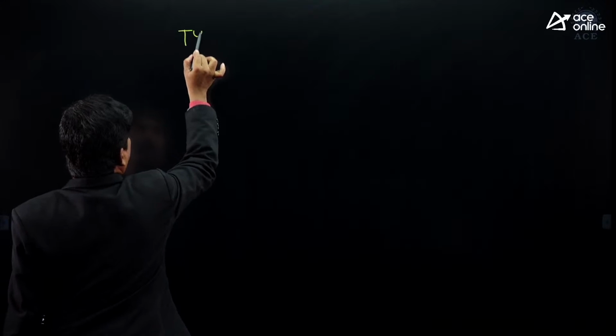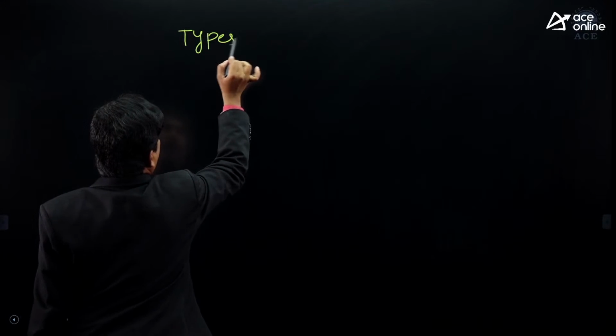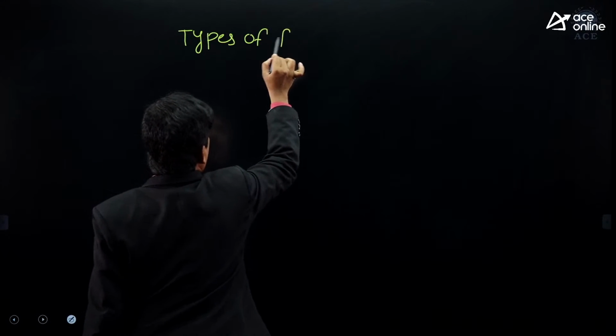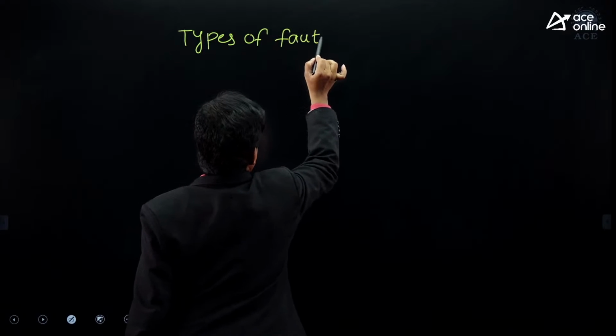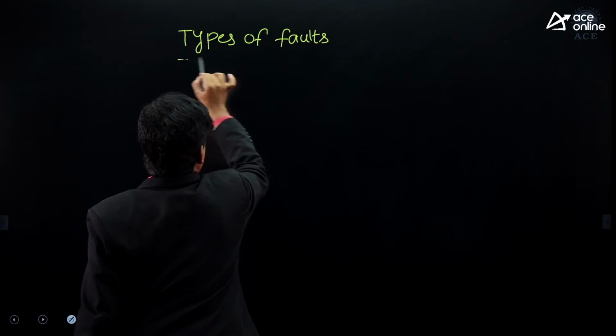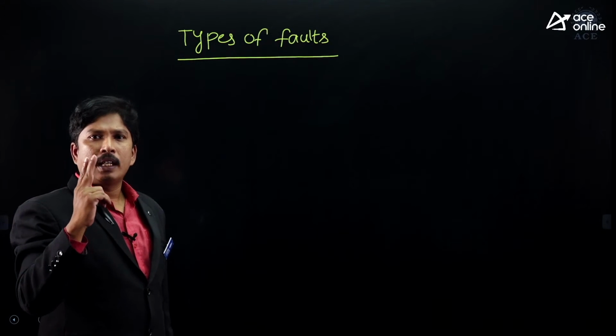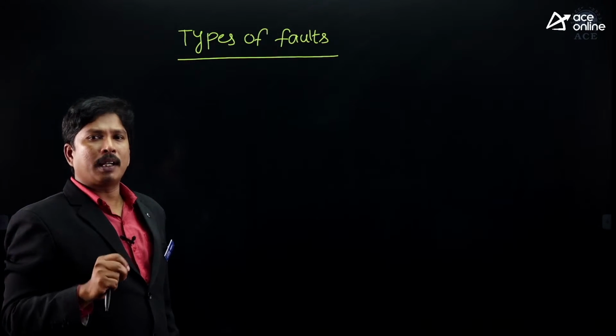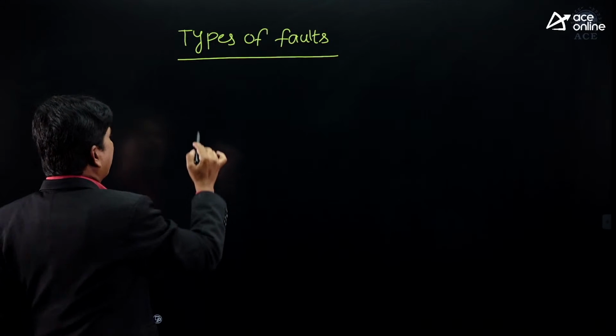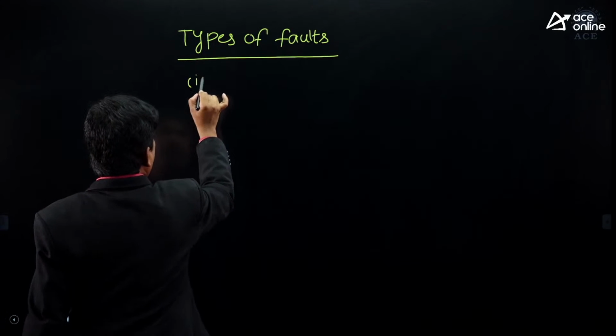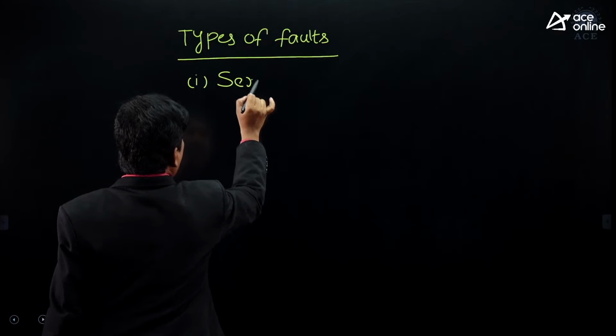See here students, whenever we are going for the types of faults, what are the types of faults we can expect? The types of faults are two only. One may be a series fault, one may be a shunt fault, right? So we are having two types of faults. One is the series faults.